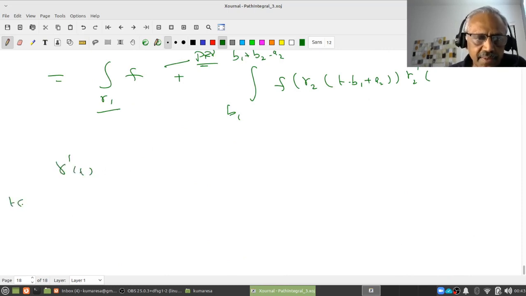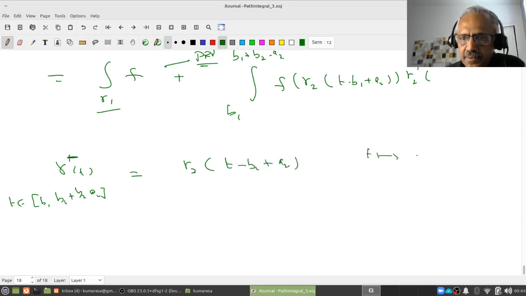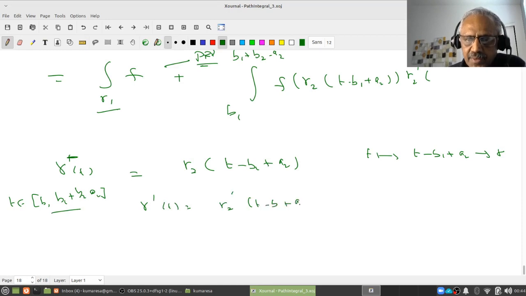For t in the interval b1 to b1 plus b2 minus a2, gamma t is gamma 2 of t minus b1 plus a2, that is, t goes to t minus b1 plus a2, that going to gamma 2. Therefore, by chain rule, gamma prime t for such t is going to be gamma 2 prime at t minus b1 plus a2.